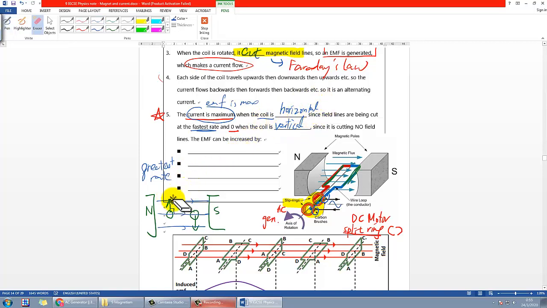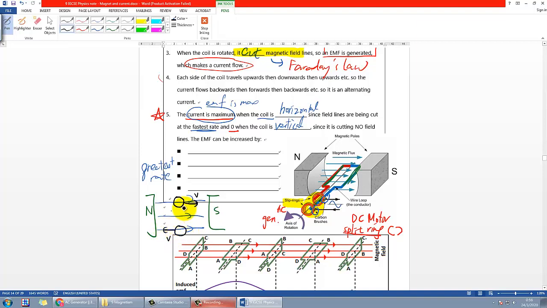And for the diagram, you may want to draw it like this. So the B field is still, of course, going from north to south, but the wires that are at the top and at the bottom, the red one at the top is moving to the right, while the blue one is moving to the left.